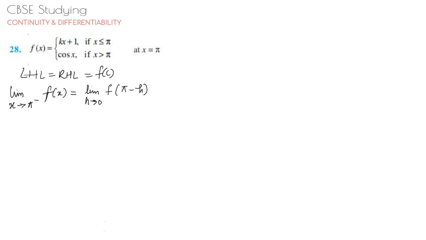So when x is lesser than pi, which function am I going to choose? Kx plus 1. So limit h tends to 0 k into pi minus h plus 1. Again, substitute the value of h as 0. And what do you get over here? K pi plus 1.